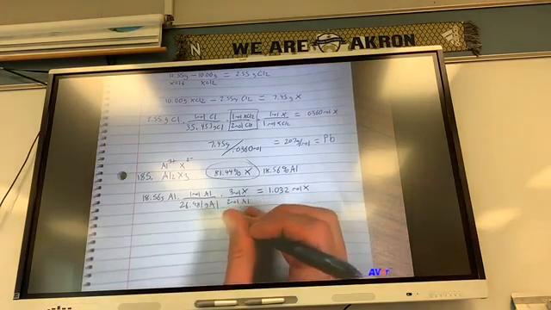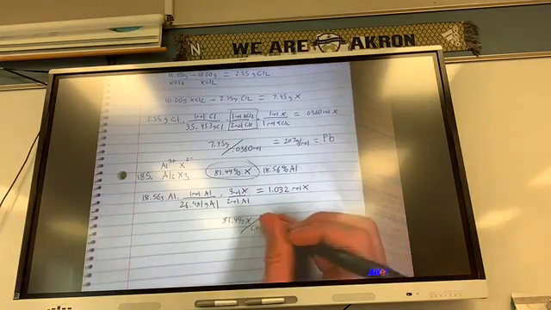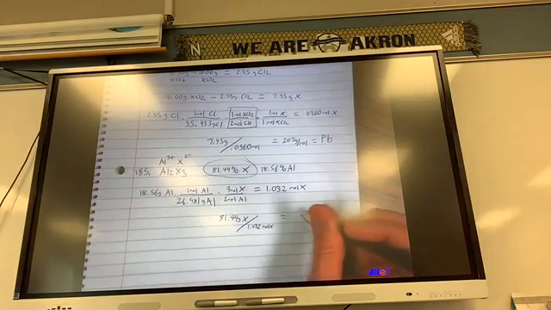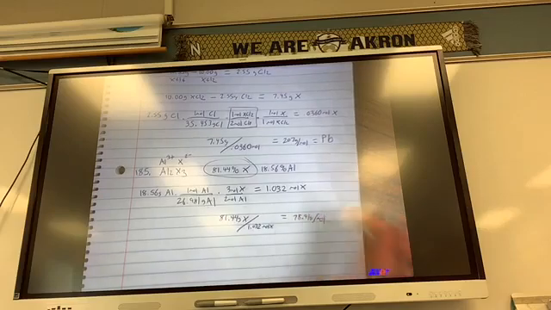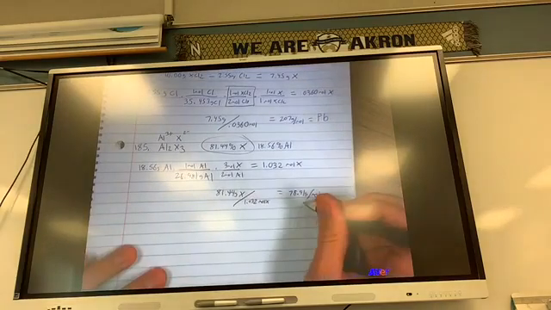So I'm going to take my 81.44 grams of X divided by the 1.032 moles of X, and I got 78.91 grams per mole, which is what element? Selenium. Se.